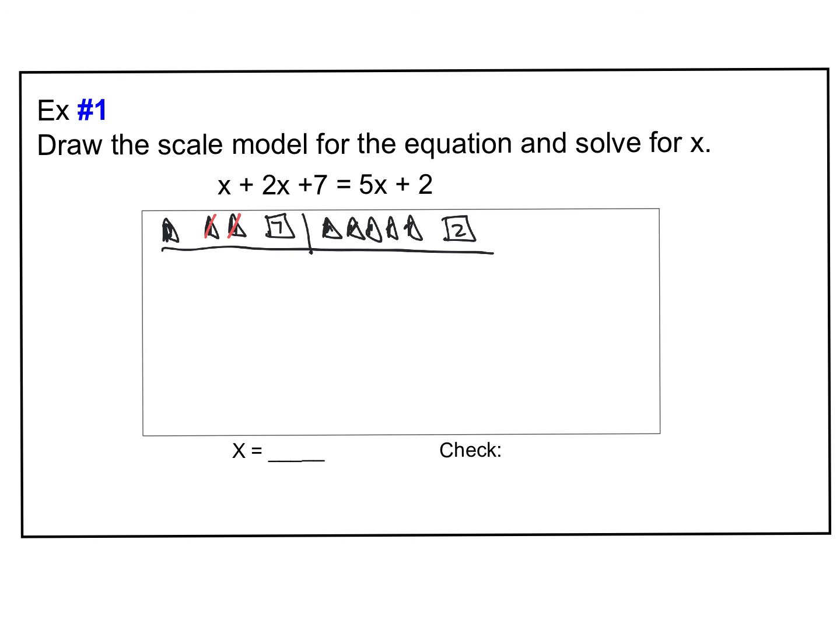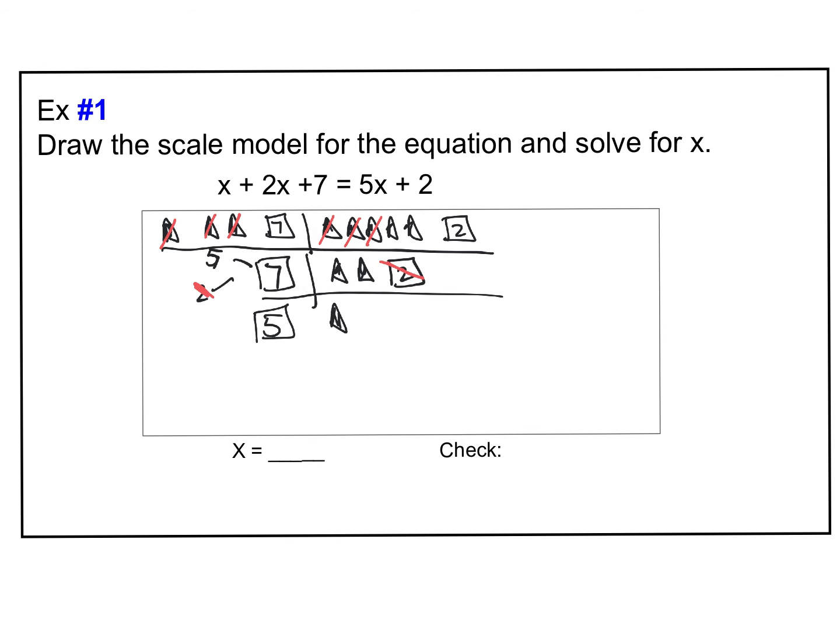I'm going to go ahead and remove 3 triangles from both sides. That leaves me with a 7 on the left side, and then 2 triangles and 2 on the right. I'm going to regroup my 7 into a 5 and a 2. So now I can remove 2 from both sides of my balance.